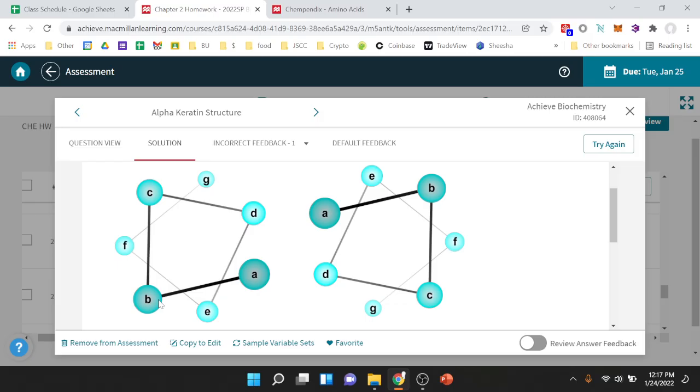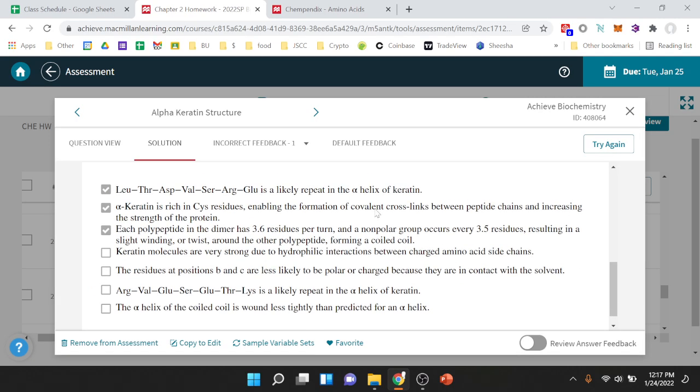What should be surrounding this? Water, right? There's probably water surrounding this. So does this make sense? The residues at B and C are less likely to be polar or charged because they are in contact with solvent. They're in contact with solvent, water, but they're less likely to be polar or charged if they're in contact with water? Doesn't make any sense, right? In fact, the sentence itself doesn't make sense.